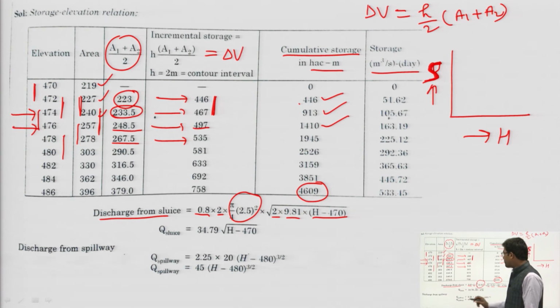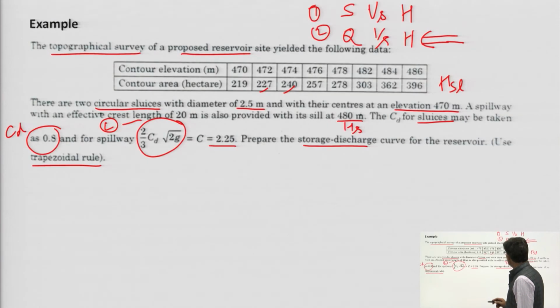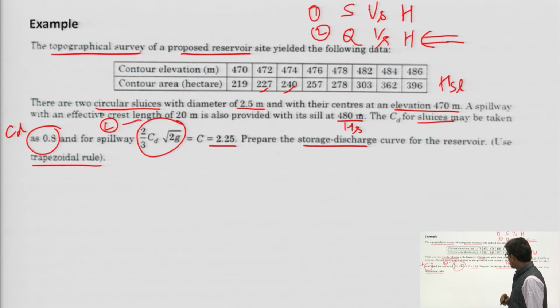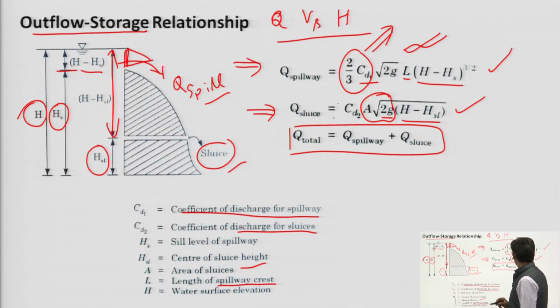Similarly, we can calculate the discharge from the spillway using the formula given here. This value is reported in the question as 2.25, and under root g.